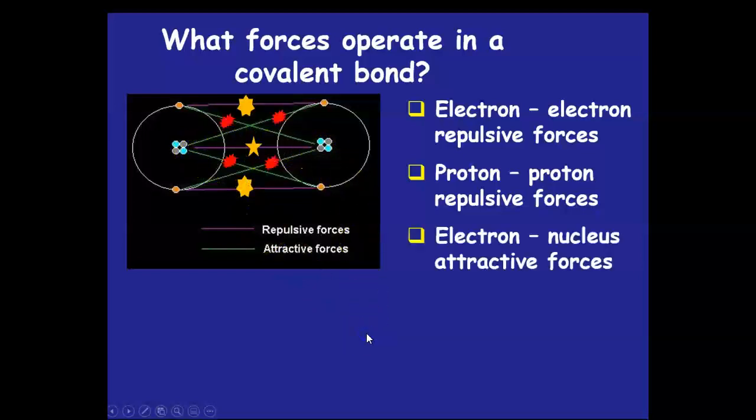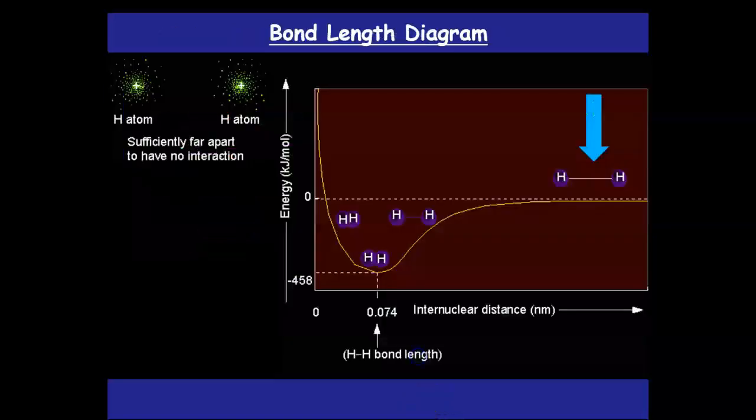But you also have electron-to-nucleus attractive forces going on, and they have to balance each other out. If you want to form a molecule, the total forces have to be attractive. The attractive forces have to overcome any repulsive forces that you see.